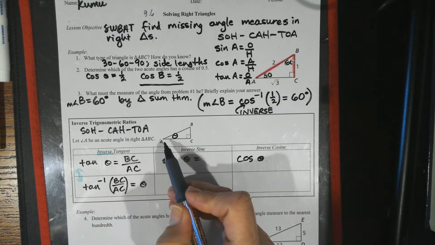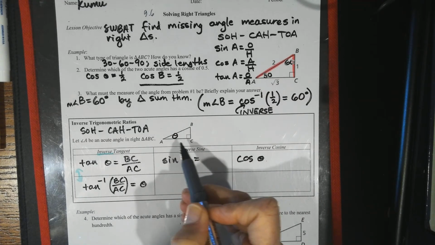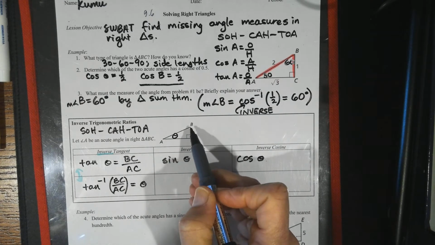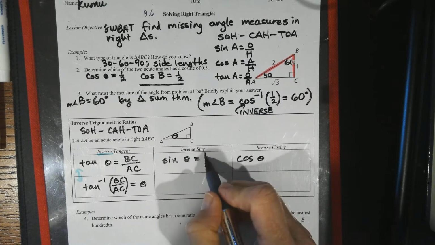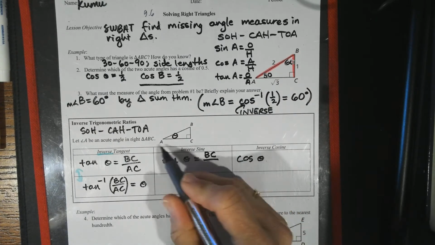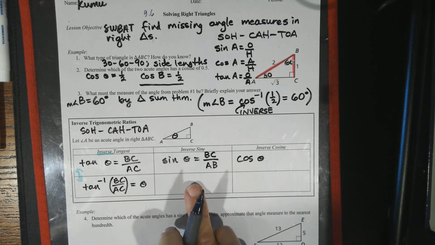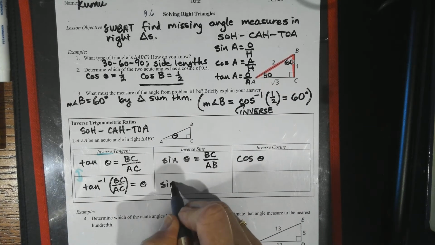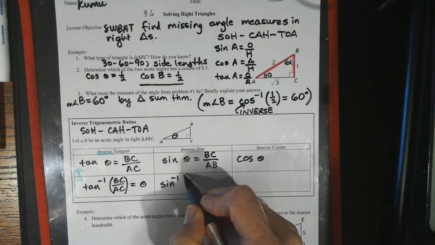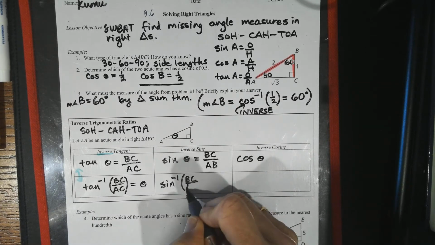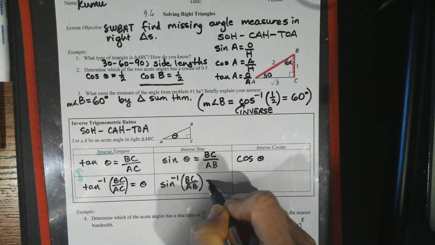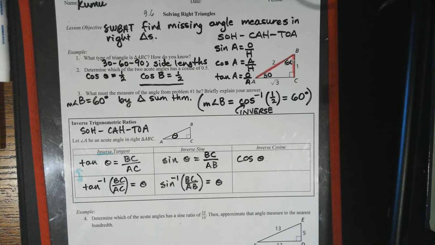So if theta is here, then the opposite is BC, and the hypotenuse is AB. If I write the inverse, it's going to be sine inverse of the ratio equals the angle.